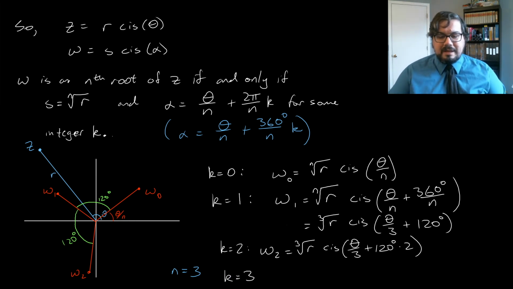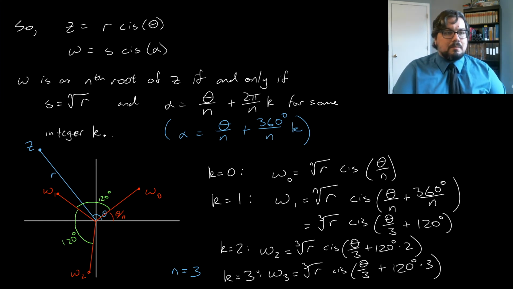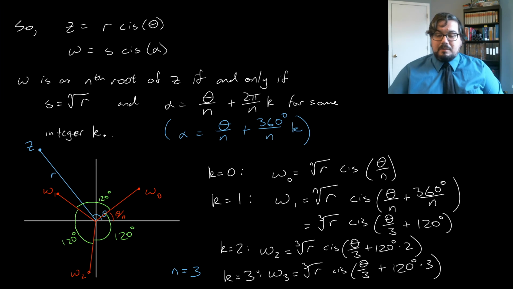All right, well then what about k equals 3? In this case, W3 will be the cube root of r times cis theta over 3 plus 120 degrees times 3. But now, we're right back where we started. Because 120 degrees times 3 is 360 degrees.